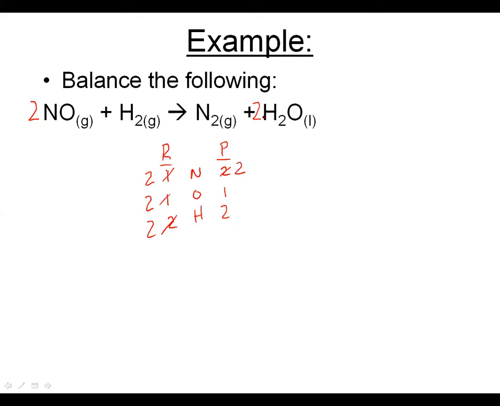Oxygens will now become 2, and then hydrogens now become 4. And that's okay, because now we can come back over here and put a 2 there, and that will give us two nitrogens, two oxygens, and our 4 hydrogens. Again, this would be a balanced equation. Any questions on that one there?